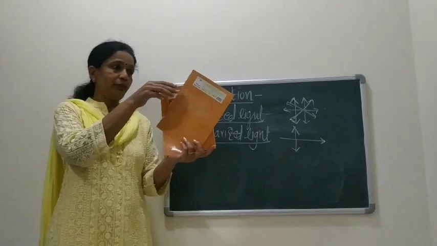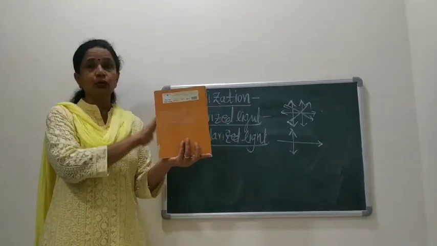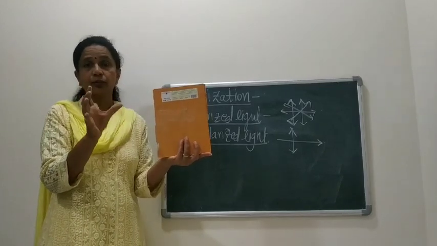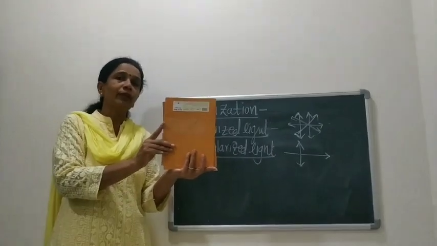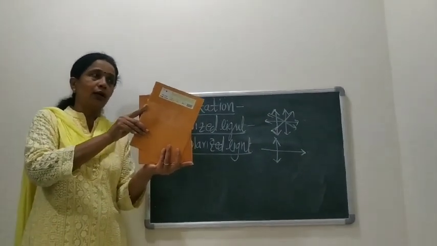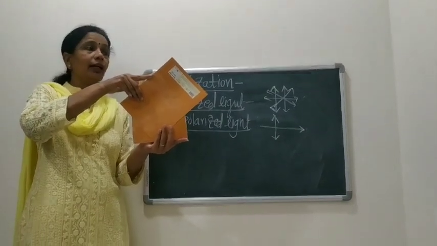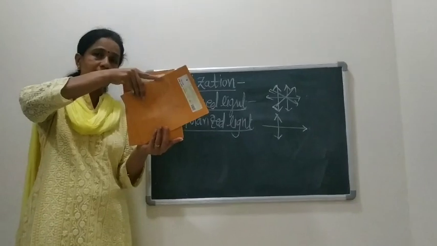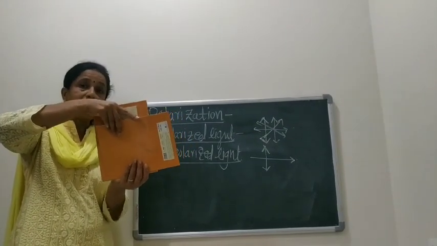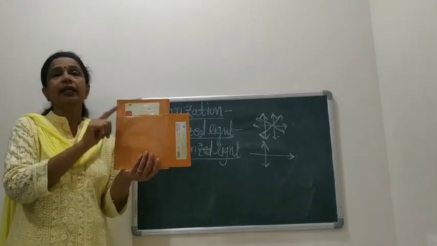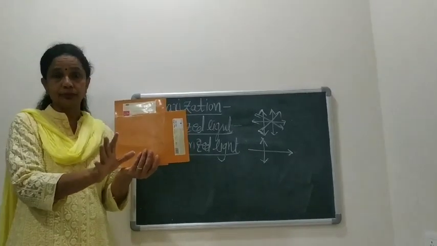If the axes of these two sheets are parallel to each other, you will get the intensity of the light. But as you rotate this second polarizer, the intensity of the light goes on decreasing. And if these two axes, polarizing axes, are perpendicular to each other, then the intensity of the light becomes zero.